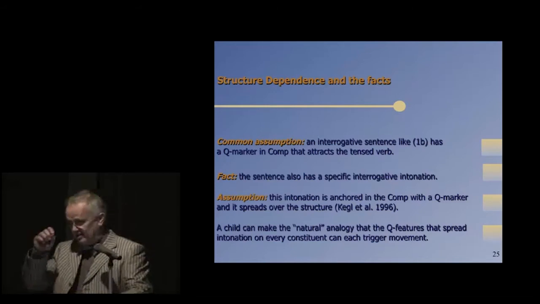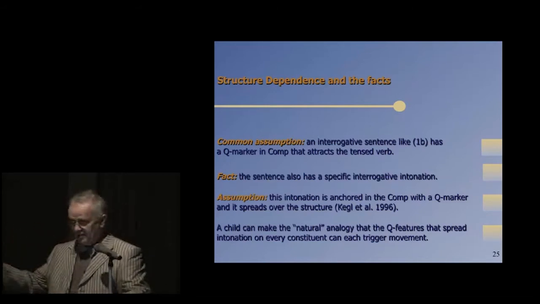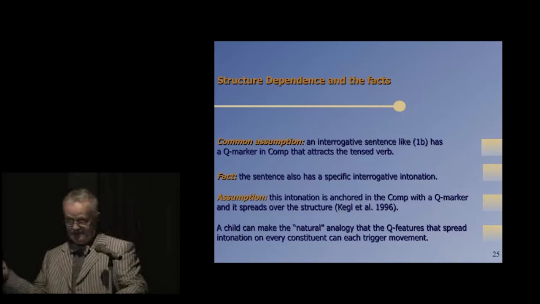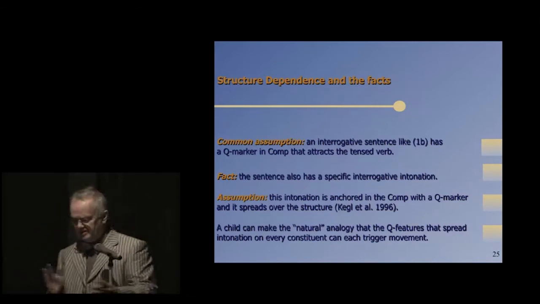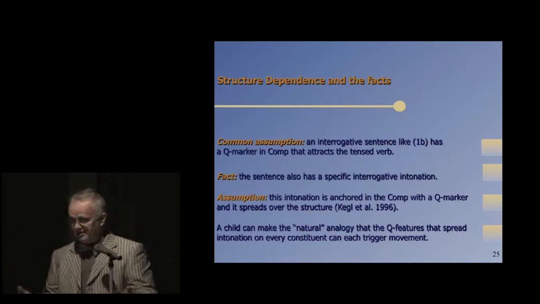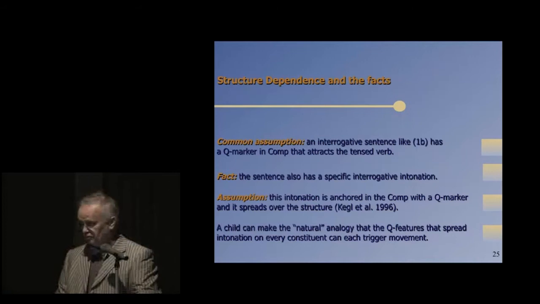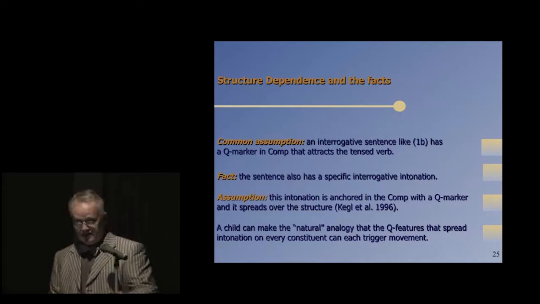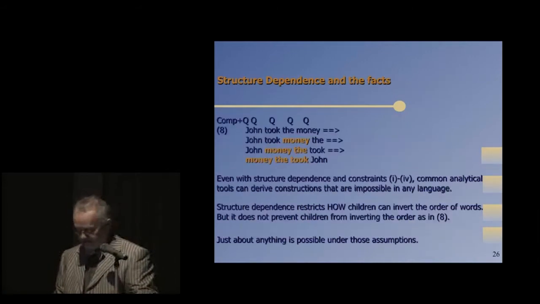He said, you get the intonation because it spreads from comp, but that same feature triggers a movement of the whole sentence in front of the final sentence intonational marker. So you could have these features playing a double role, both on the intonation side of things and on the movement side of things.